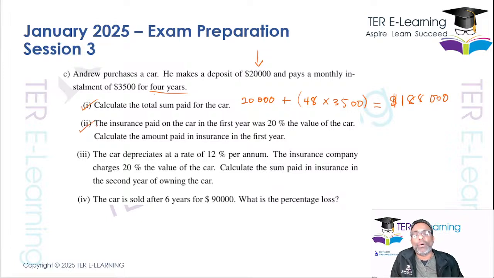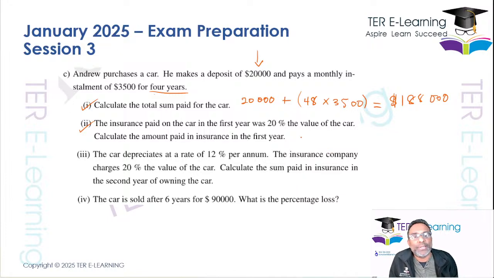The next thing here now, the insurance paid on the car in the first year was 20% of the value of the car. Calculate the amount paid in insurance in the first year, right? So they're telling us how you are paying the insurance. Now remember, when you purchase a vehicle, you're going to have to take out insurance on the vehicle. And in this case, we're just finding 20% of that value.